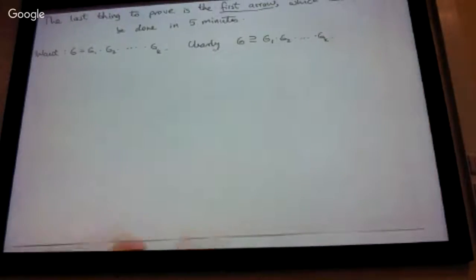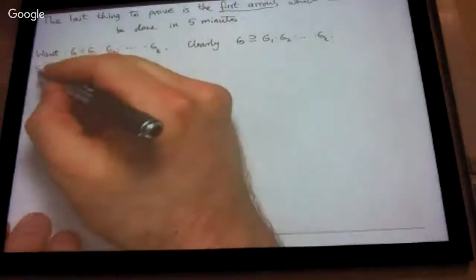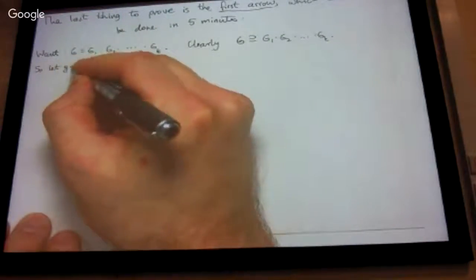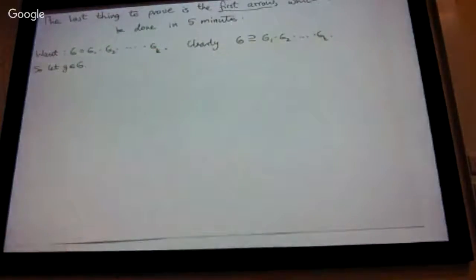So what remains is to show that if you have anything in G, you can write it as a product of these things. So we take an arbitrary element from the group G, and we're trying to write it as a product of elements with the orders we want.